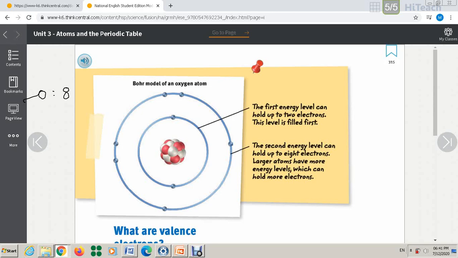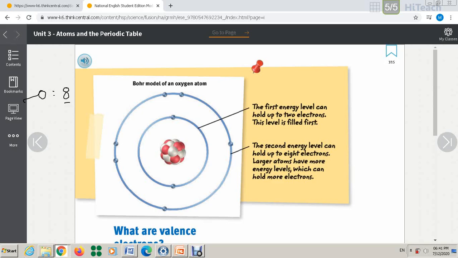You put 2 electrons, because the maximum number of electrons the first energy level can hold is 2. Then from 8, you fill 2, and still I have 6. So I'll open a new energy level and fill it with the remaining 6 electrons.